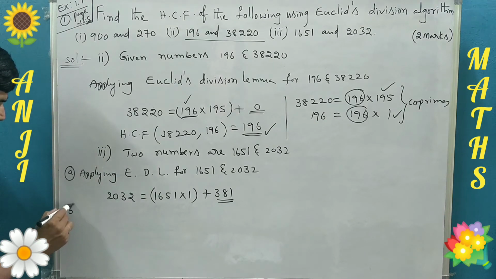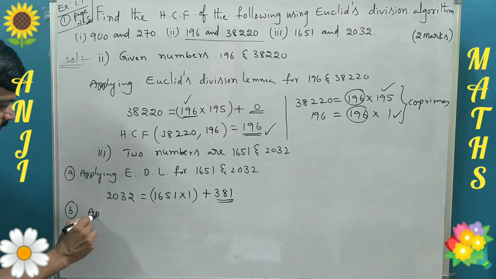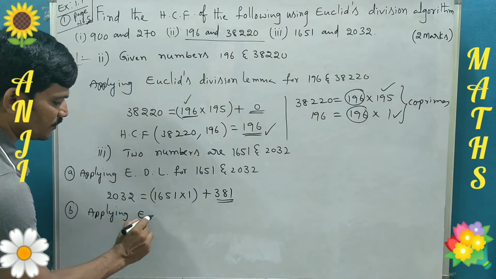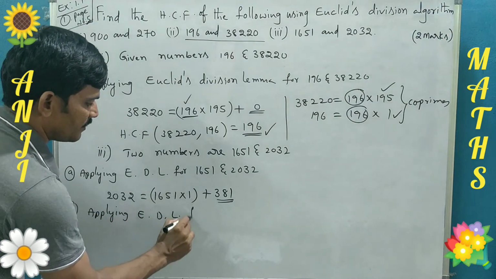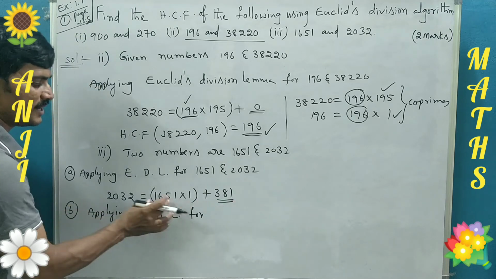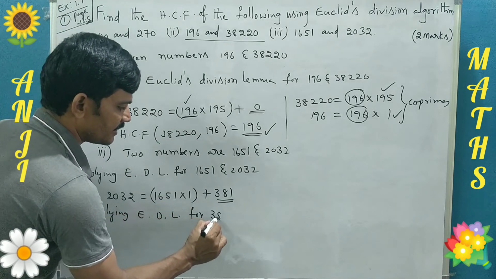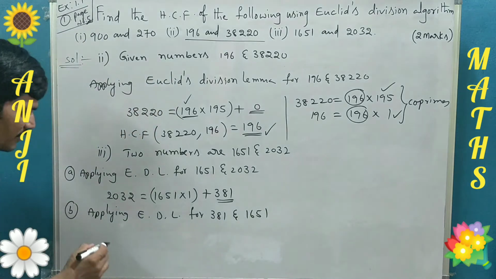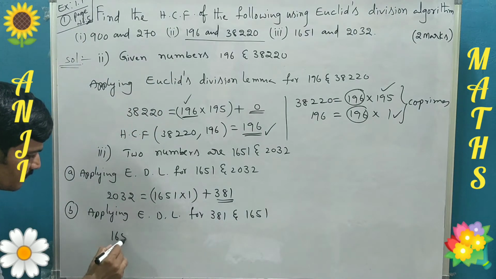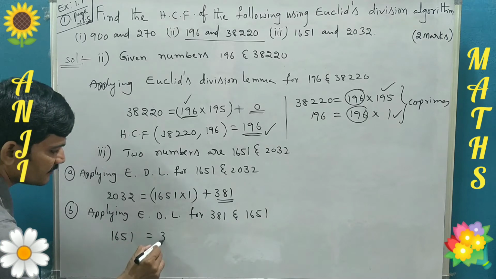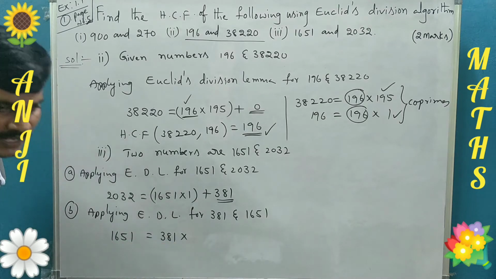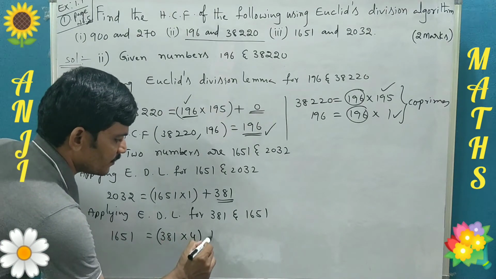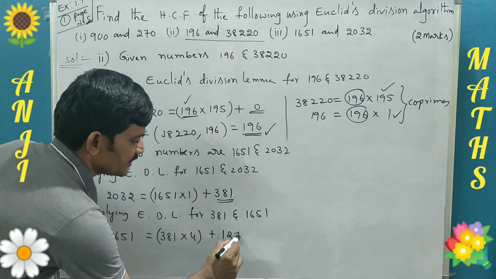Let it be B. Same, applying Euclid's division lemma for the previous remainder and divisor, that is 381 and 1651. 1651 can be written as 381 taken 4 times, and the remainder would be 127.